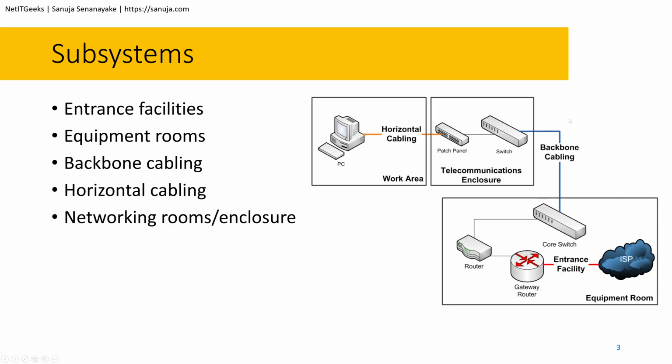That backbone cabling happens between your home, business or enterprise switch or router and the core switches and routers that the ISP is responsible for. Then the ISP would have their own infrastructure within their equipment rooms, and that's how we define the subsystems of the structured cabling methodology.